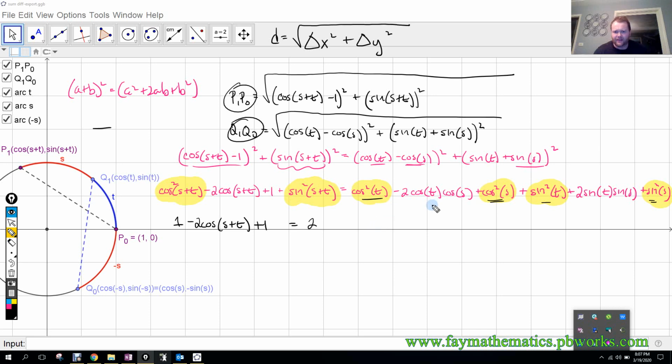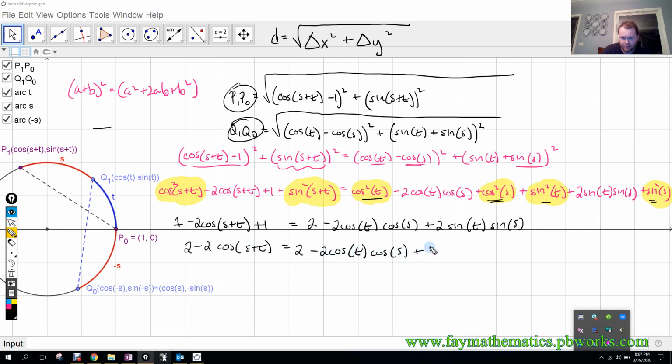Then we've got minus 2 cosine t cosine s plus 2 sine t sine s. If I combine these, I get 2 minus 2 cosine of s plus t equals 2 minus 2 cosine t cosine s plus 2 sine t sine s.